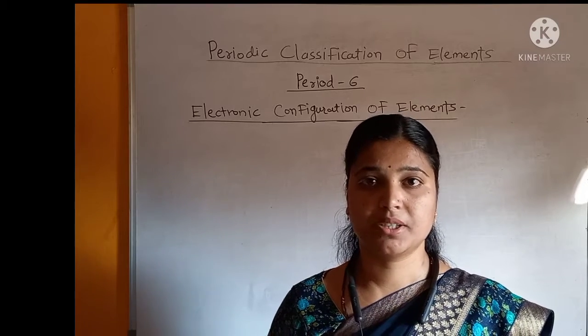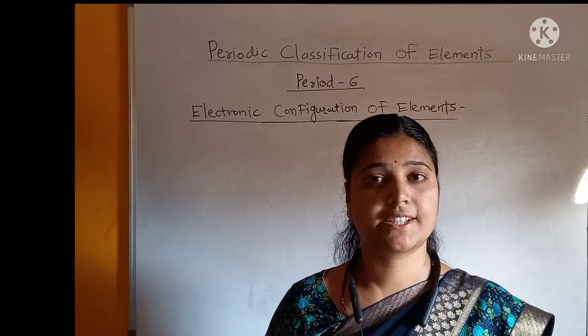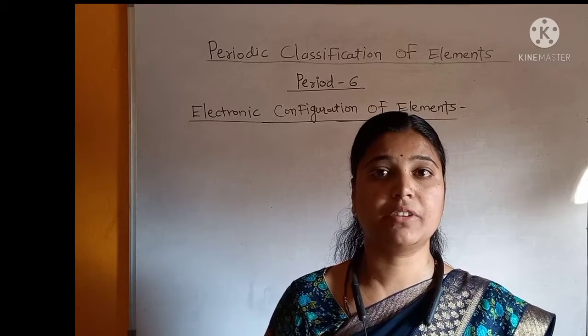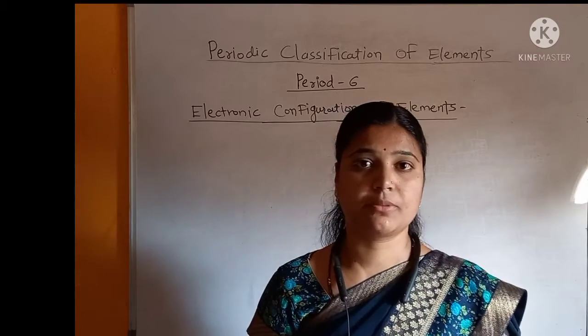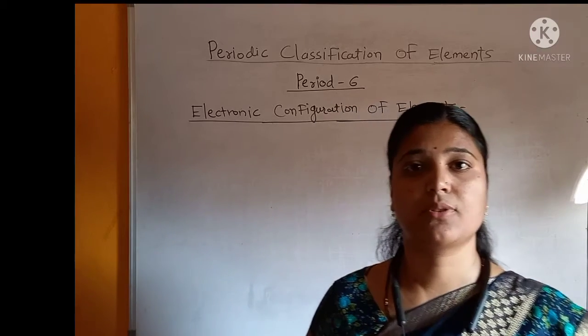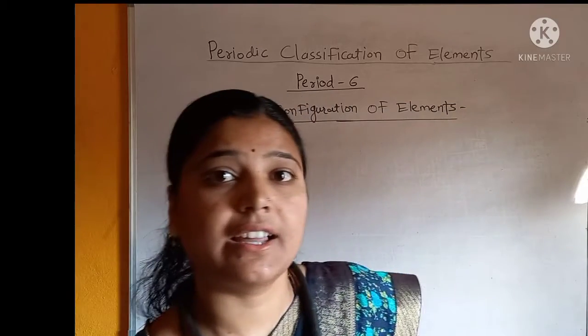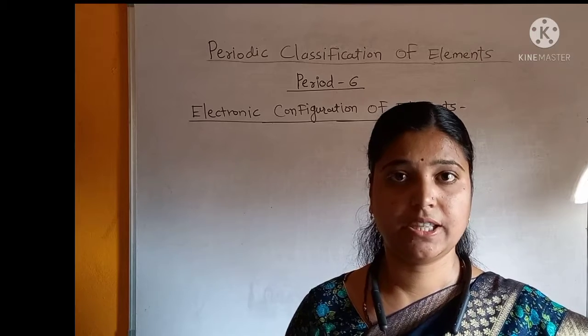Suppose the atomic number of an element is 10; how many electrons are present in the first orbit and the second orbit? This arrangement of electrons in the different orbits and shells of an atom is called its electronic configuration. Electronic configuration means arrangement of electrons in the atom.